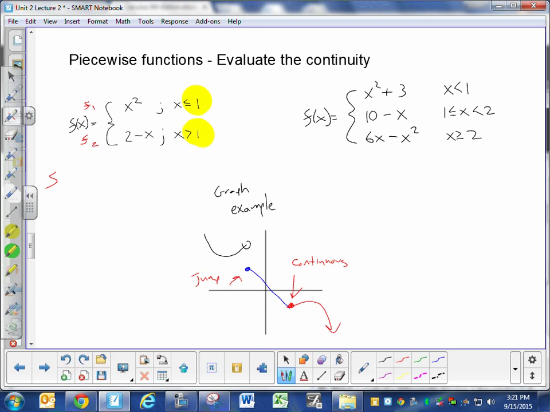I just need to check to see that mini f1 at 1 will meet up with the other guy, mini f2 at 1. So I plug in 1 to both. They equal the same value. They meet up at the same y coordinate. We're continuous there. Check. So this piecewise function is continuous everywhere.